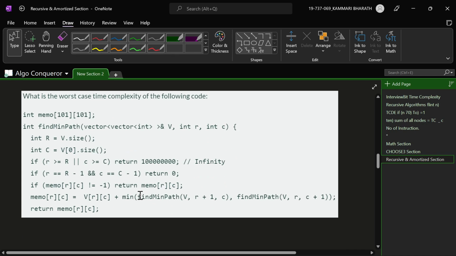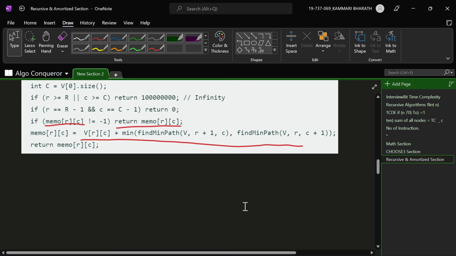Here, when we are given r and c, if we have already calculated the function value of r and c before, it will directly return that value. If we did not calculate this, it will calculate it using this recursive function, right?